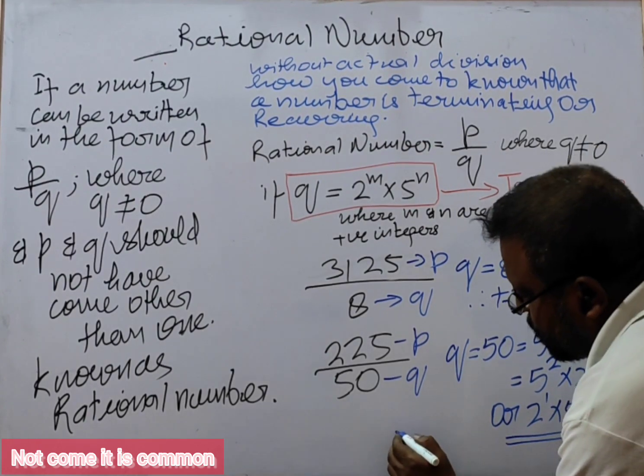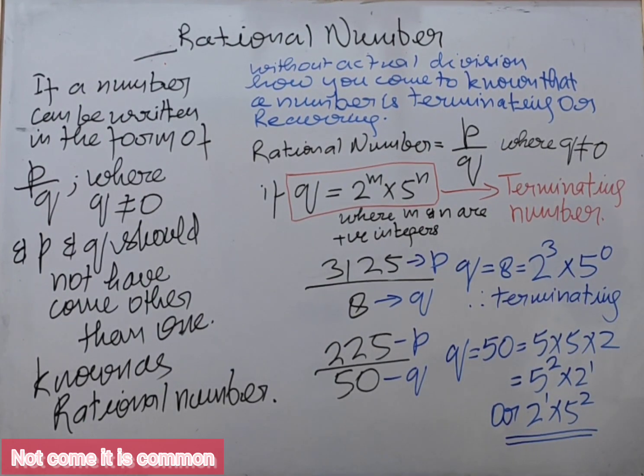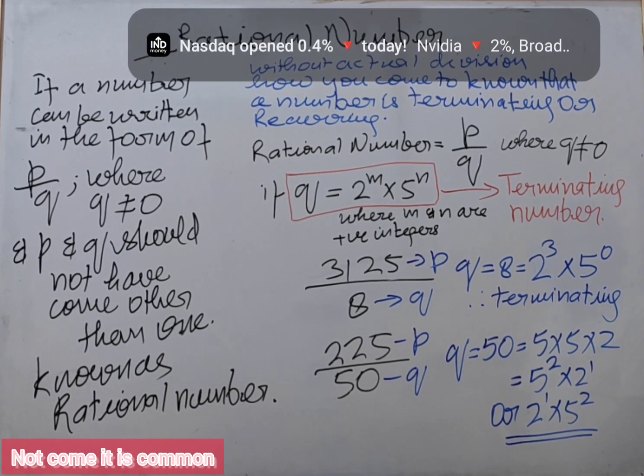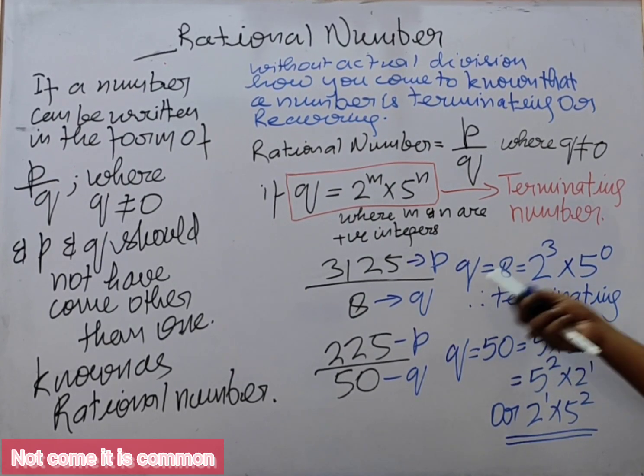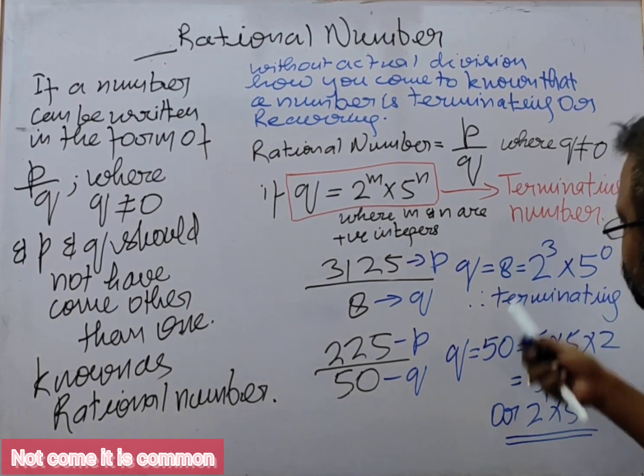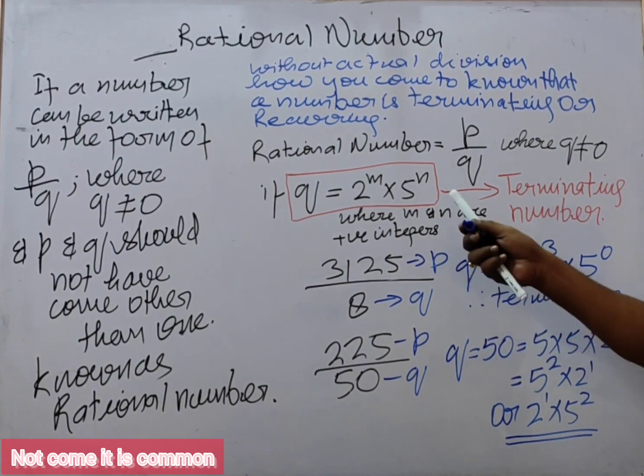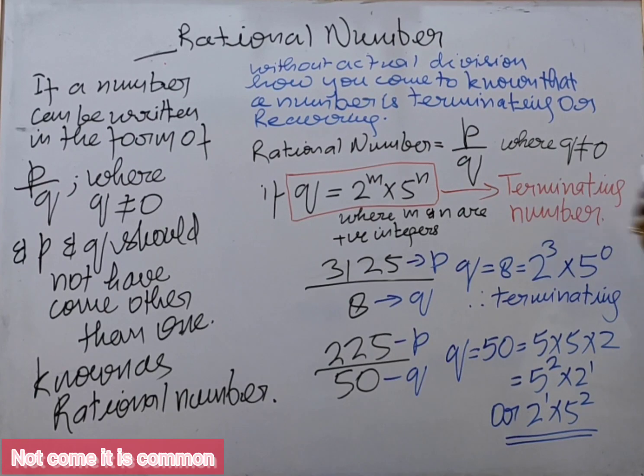So in this case, to find out whether it is terminating or recurring: if it is in the form of 2 raised to the power m into 5 raised to the power n, then it is terminating.